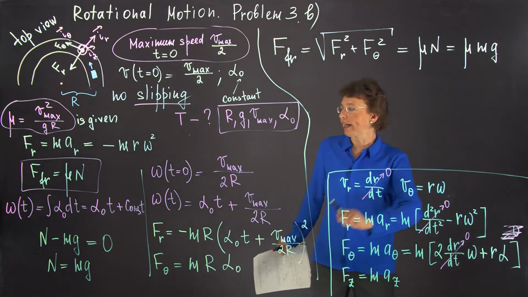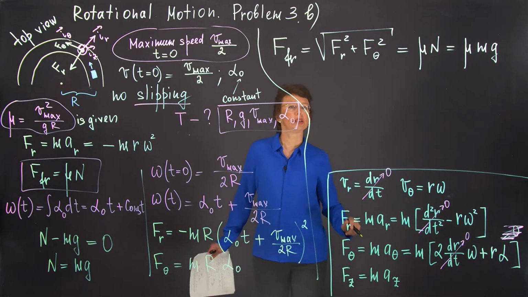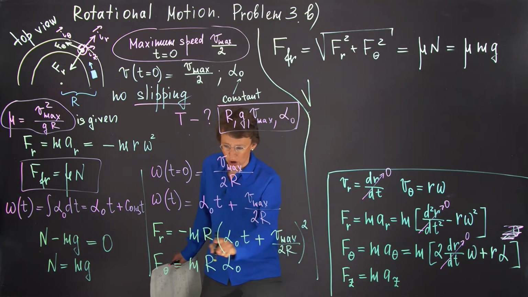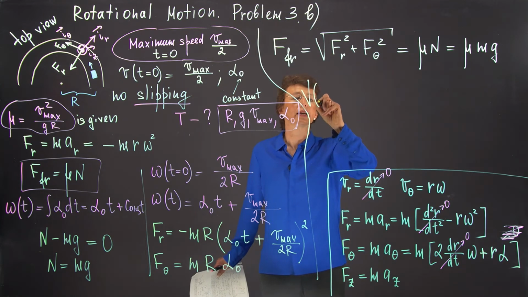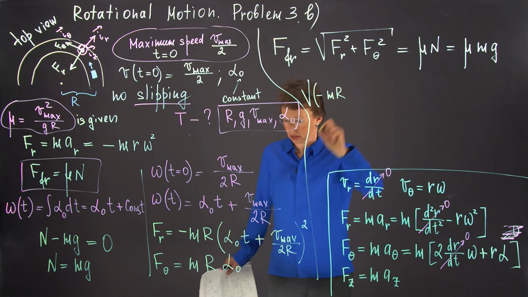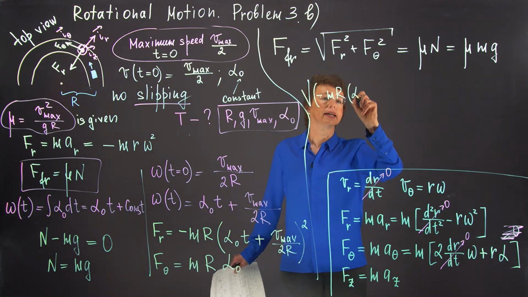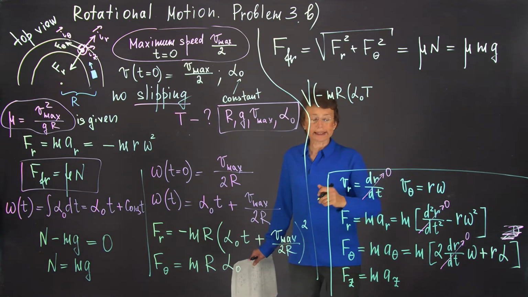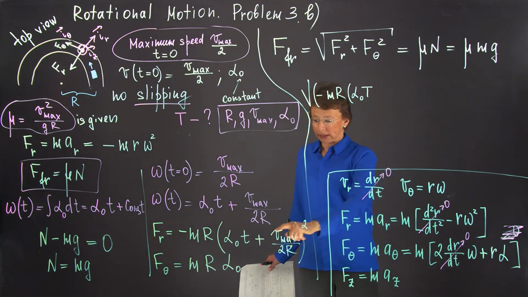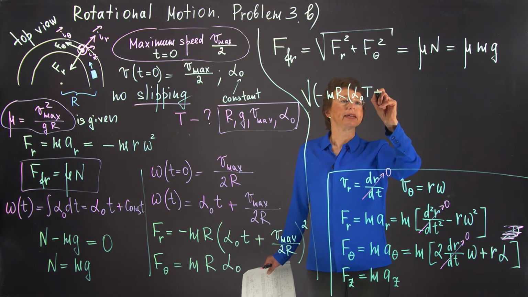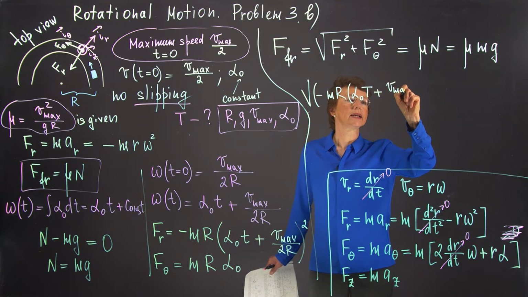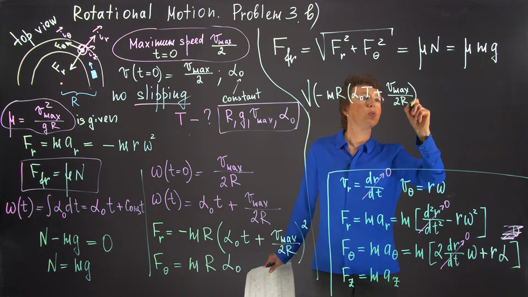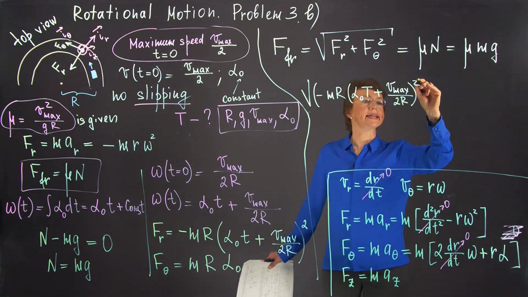Now let's bring everything that we know into our equation: F r, F theta, and mu that is given. That will be our next line. So, square root of F r squared. Where is my F r? Here: minus m r, alpha naught T capital, this is the critical time T when it is ready to slip, plus V max over 2R, and all this is squared.